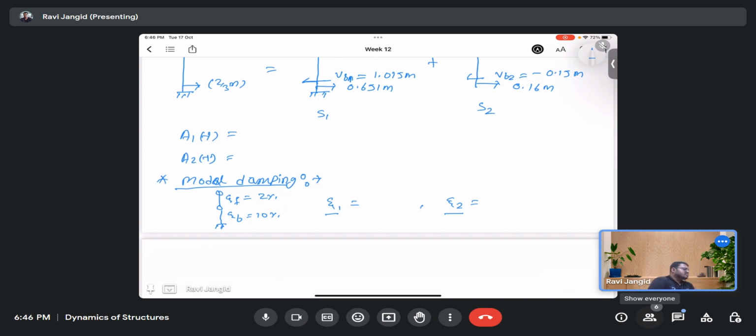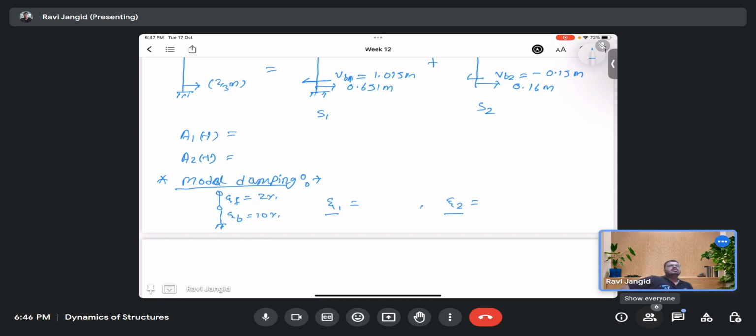Anyone? Anyone has any idea? Alpha times the mass matrix. So how do we do Rayleigh damping?